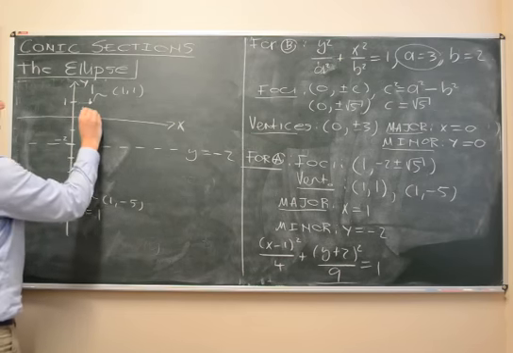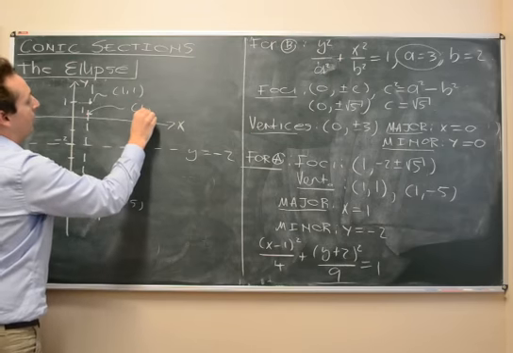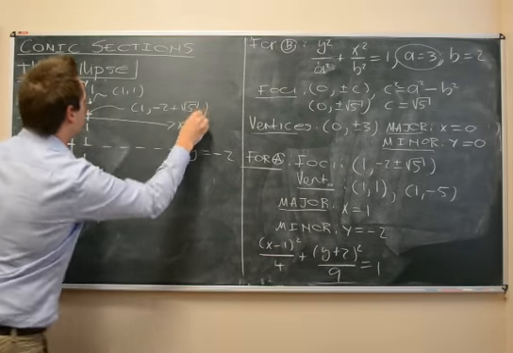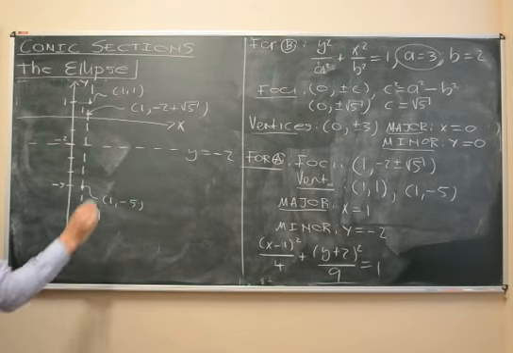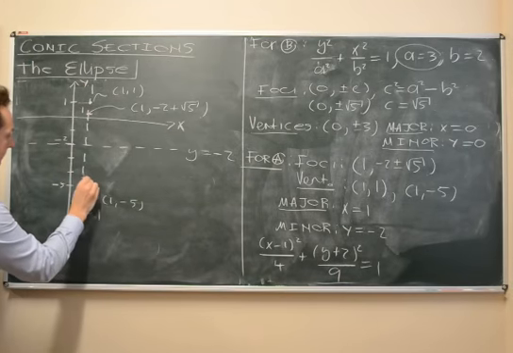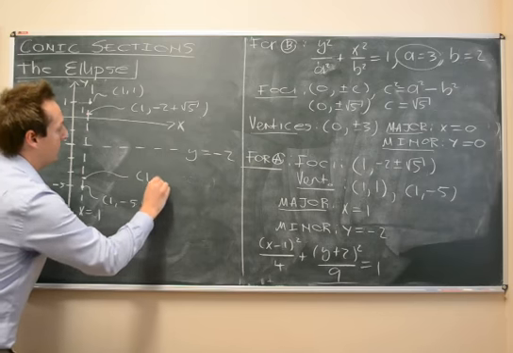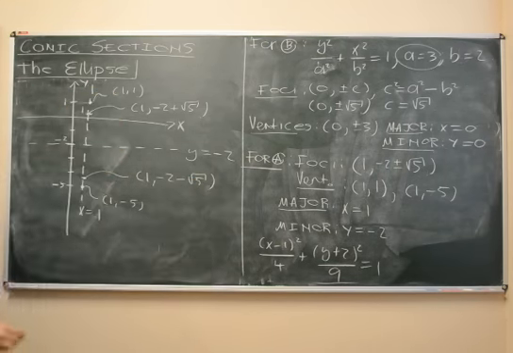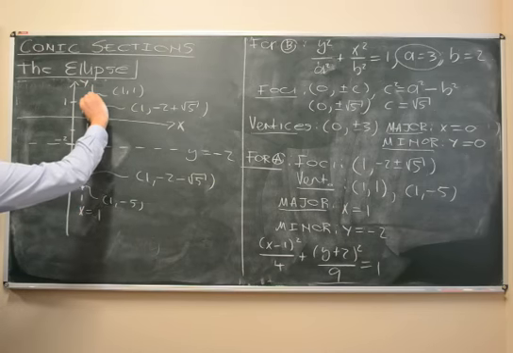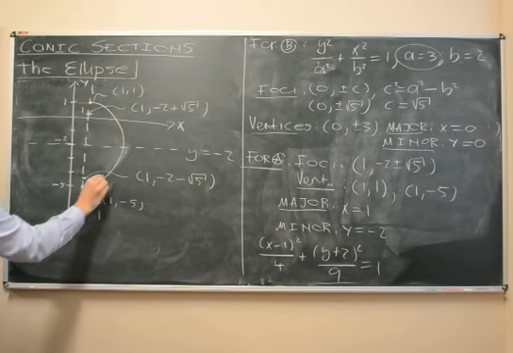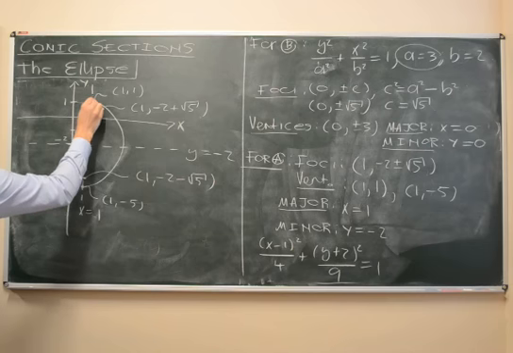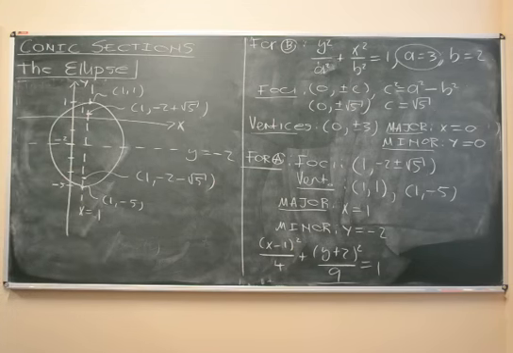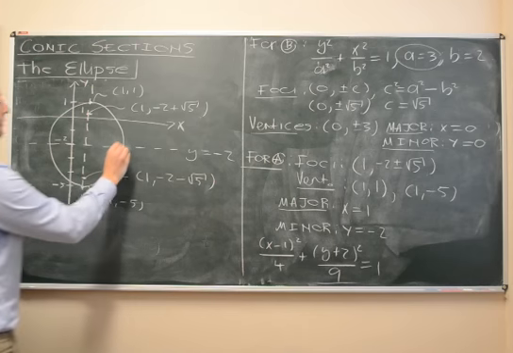There's the one focus at 1, minus 2 plus root 5, and there's the other one at 1, minus 2 minus root 5. That's a rough sketch. It would be something like that.